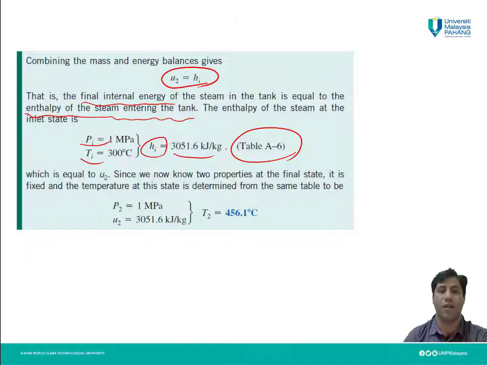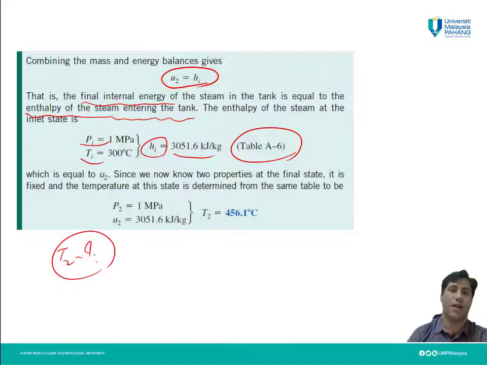So we found the enthalpy. But the question was we need to find the temperature of the final state. As we found earlier, this h we found in this step is equal to the internal energy, or u2, of the system.